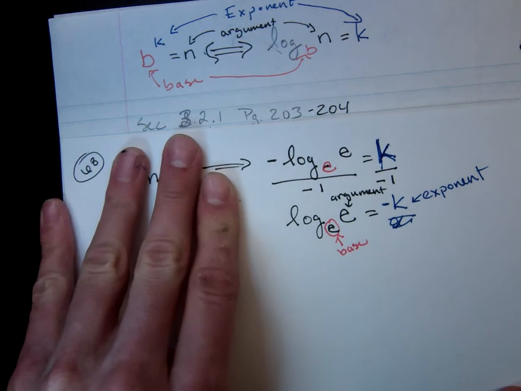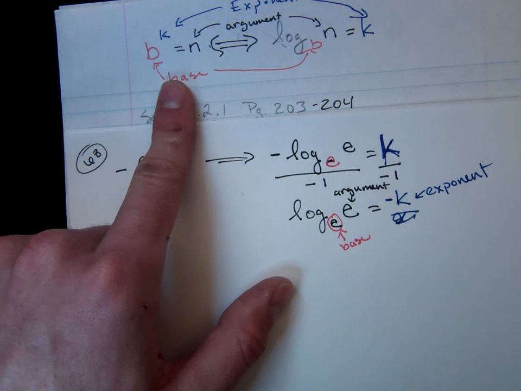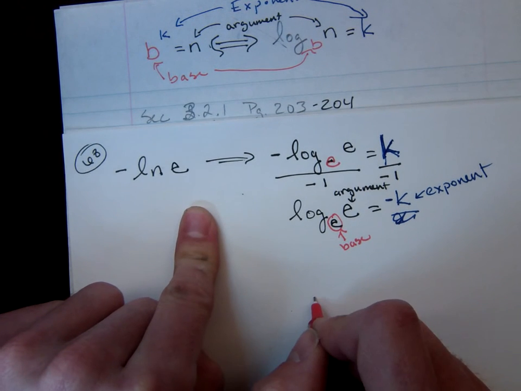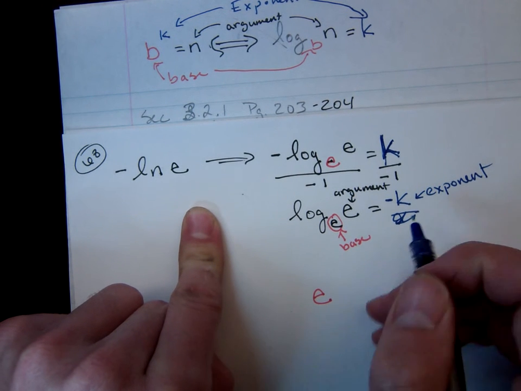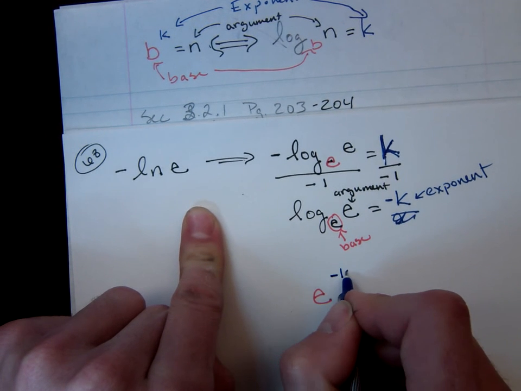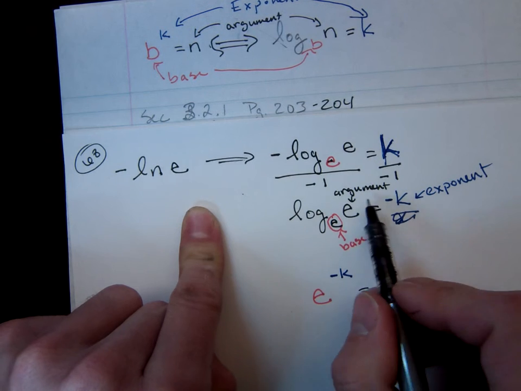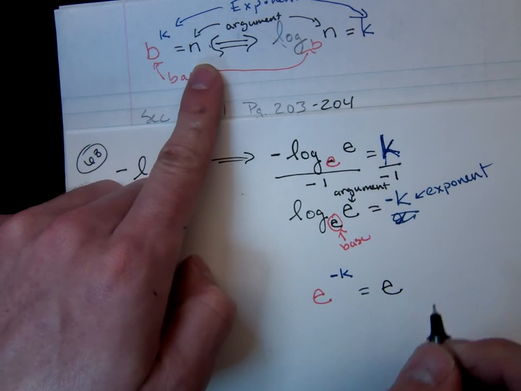So, based off of that, I can write this in exponential form and see if perhaps that will shed some light on what I need to be doing. So I have a base of e. Now e is going to be raised to the negative k, and that must equal the argument, which in this case is e.